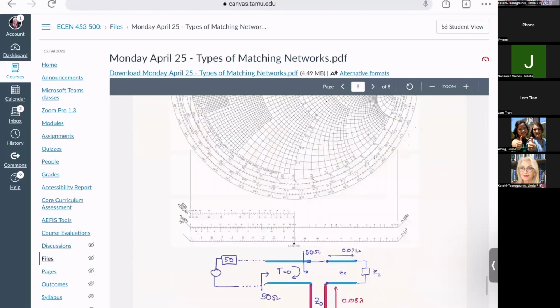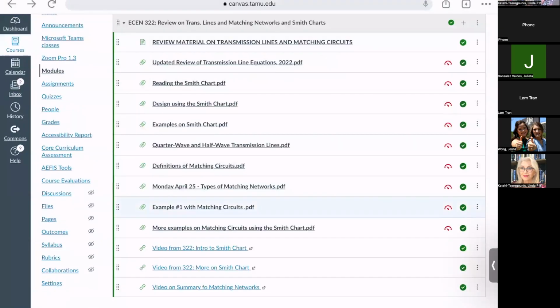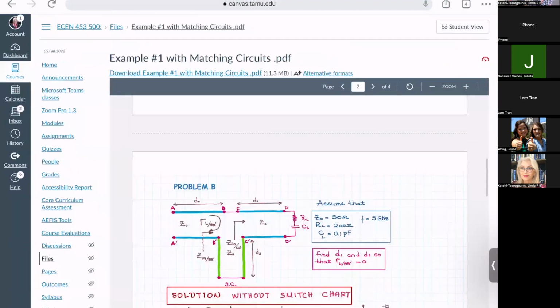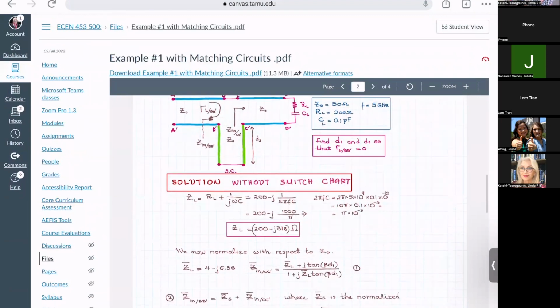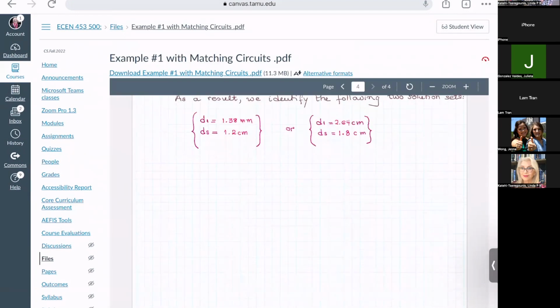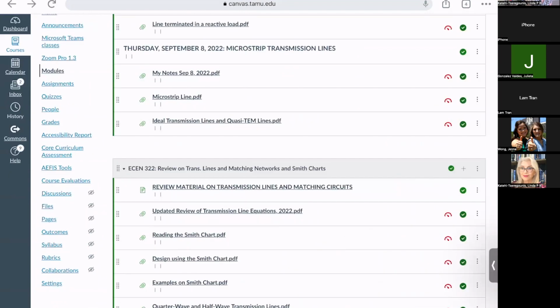And then if I leave that and go down, example 1. Okay, that's also something very similar to what we have, even if this is series, but you have to do it with a shunt stub. And this is solved analytically. Well, let me see, I think it's solved only analytically.